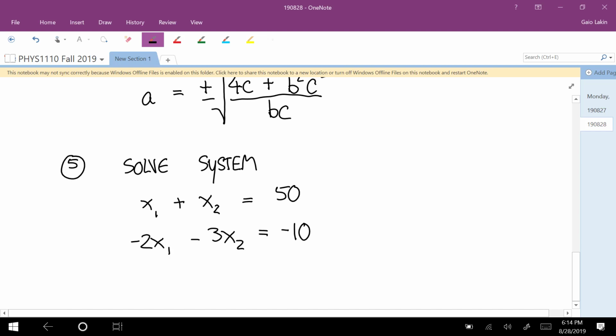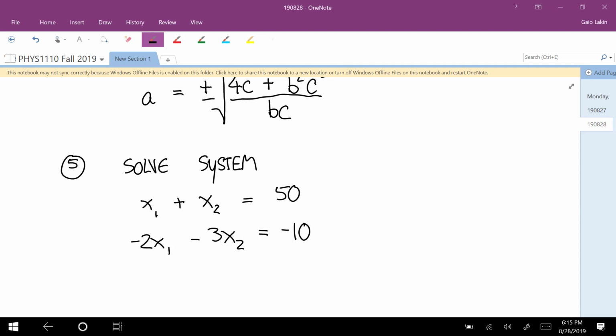There are a few ways to solve problems like this. The first thing you have to notice is for this to have a solution, to be guaranteed that this has a solution, you need to have the same number of variables that you have equations. And these equations can't be disguised versions of each other. Like if this second equation said negative 2x1 minus 2x2 is equal to negative 100, it looks like its own equation until you realize that that's just multiplying negative 2 times every one of these things.